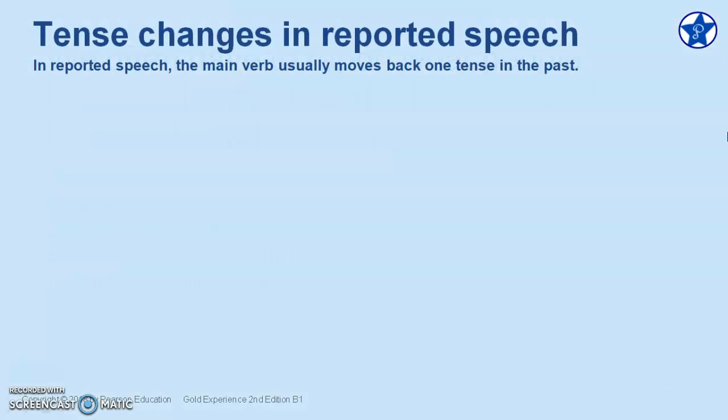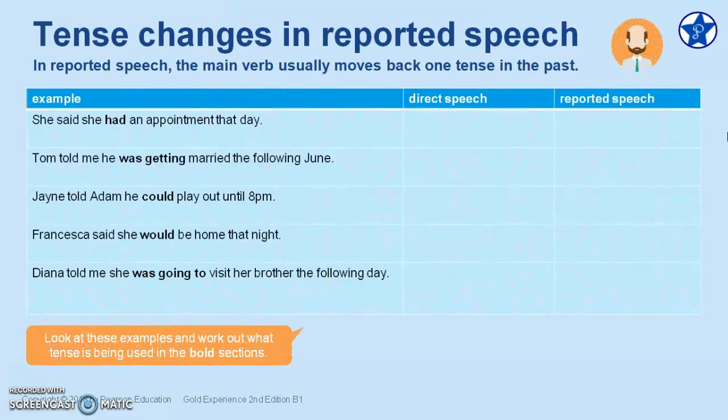In reported speech, the main verb usually moves back one tense in the past. Look at these examples and work out what tense is being used in the bold sections.